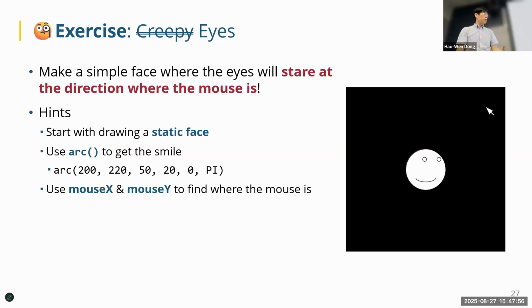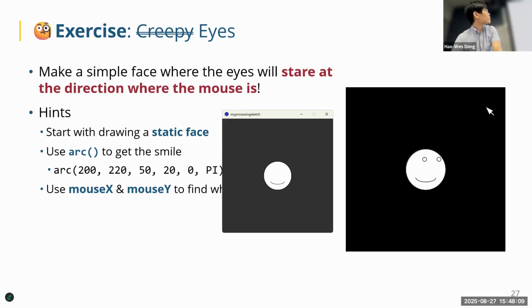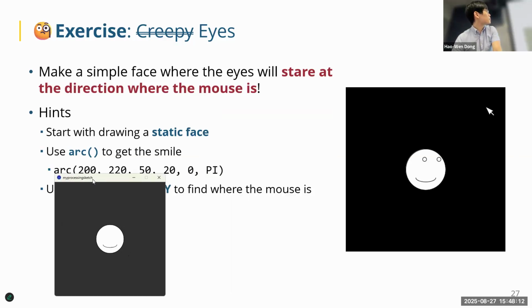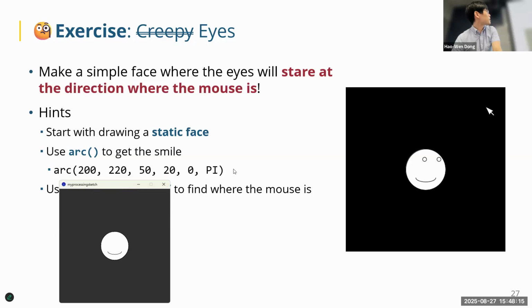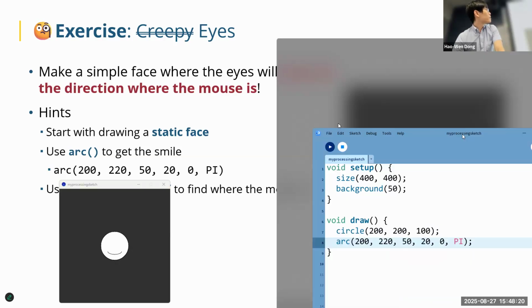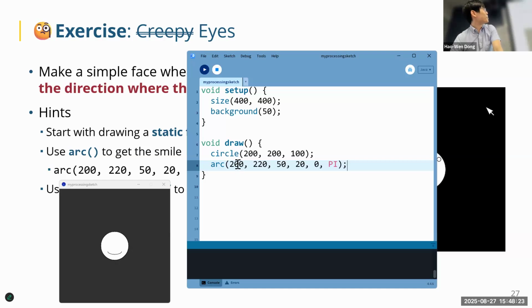Whenever you use a global variable that's predefined, it will become pink so that you know it's already defined. Yep. So this is what I get, just a circle and the arc function. And just to explain a little bit more on the arc: 200, 220 is where the center is. The width is 50, the height is 20 for the whole ellipse. And now you go from 0 to pi.